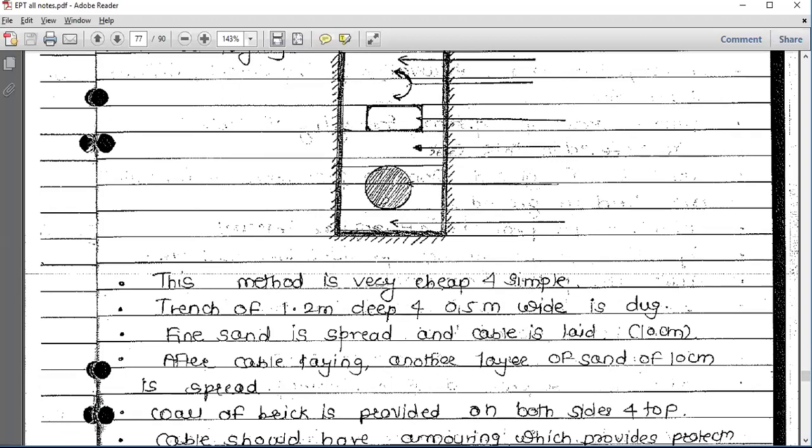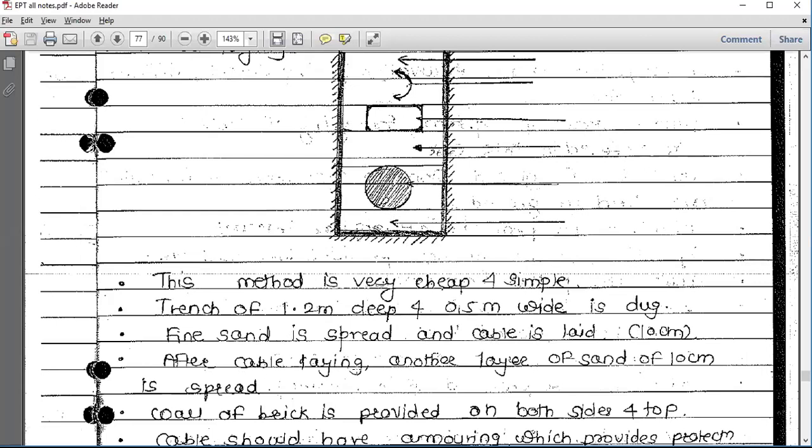That means its height of this trench or hole is 1.2 meter and 0.5 meter wide. That is half meter wide is dug. Then fine sand is spread and cable is laid. That is at 10 centimeter. That means at the bottom your fine sand is laid and over that cable is laid.